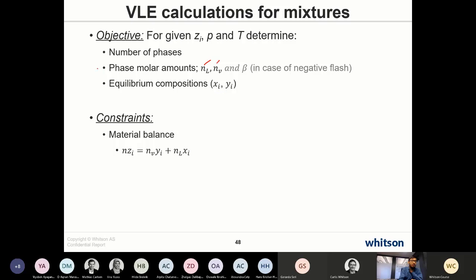So we saw this. This is actually solved with the help of the flash calculation, and we did it, maybe the first day. Also for the number of phases.